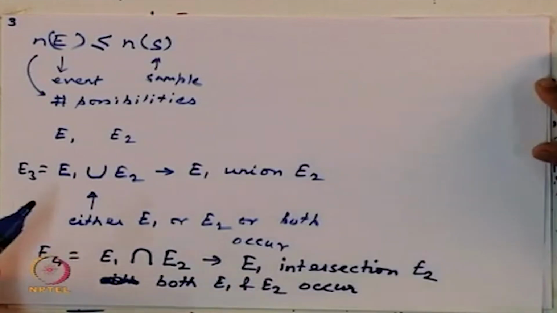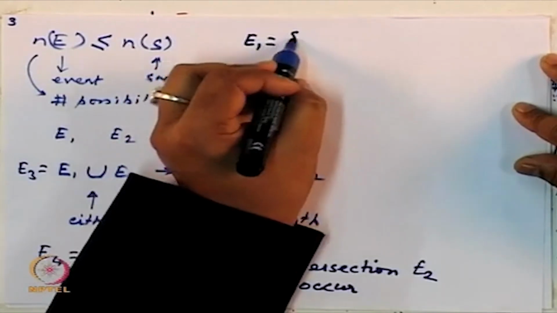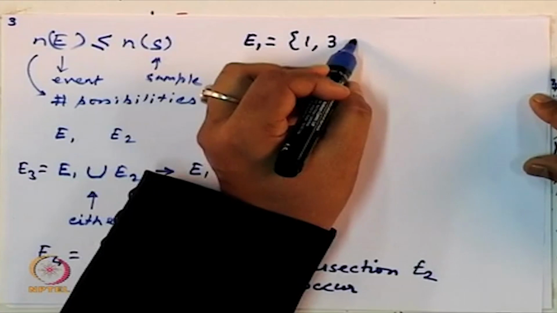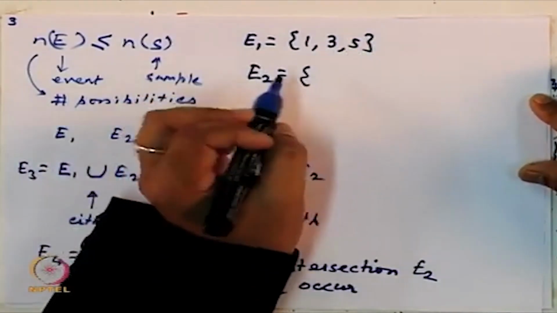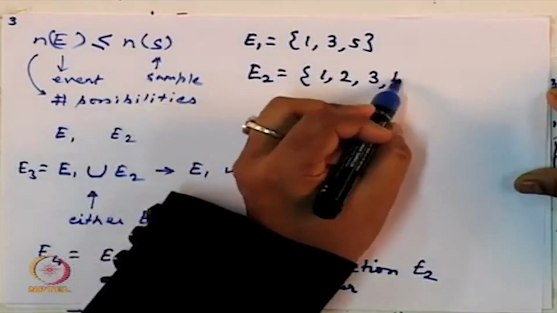In the case of rolling a dice, let us say I define E1 as the set of all odd numbers appearing, so it will be 1, 3, 5, and E2 as the set of all numbers less than 5, that is 1, 2, 3, 4.